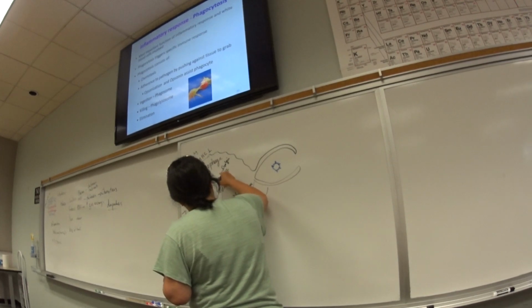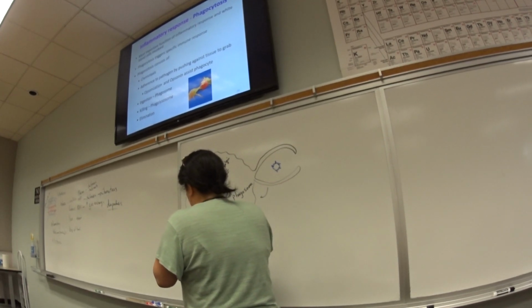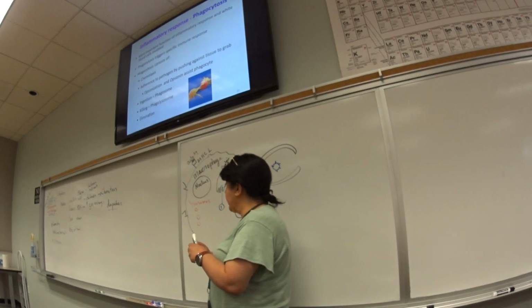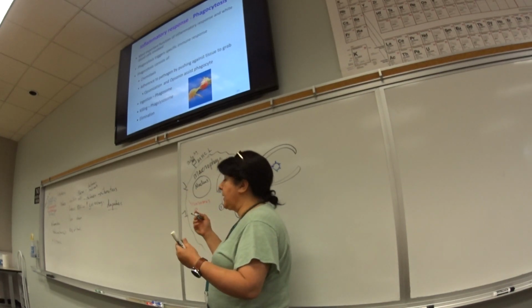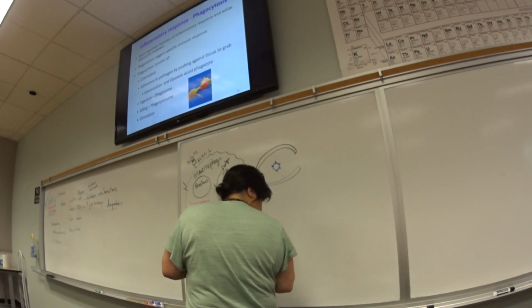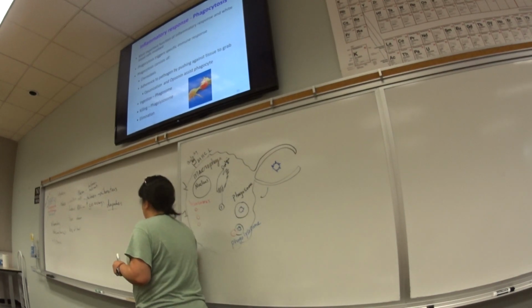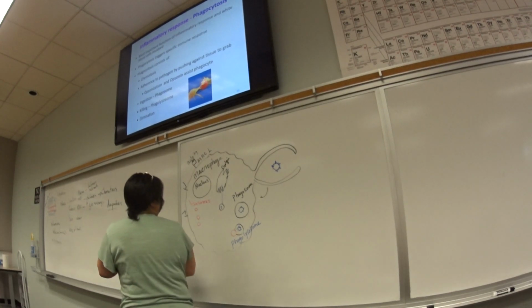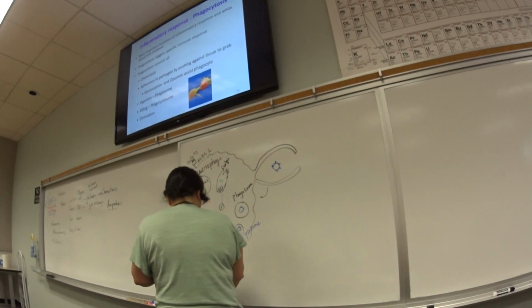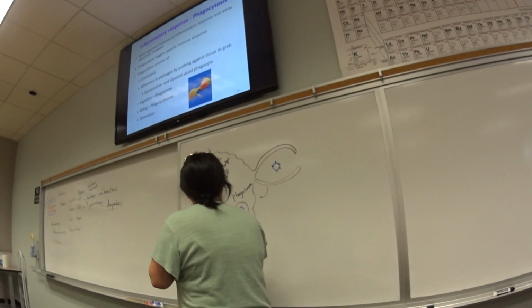They're going to send that here. Your Golgi complex will recognize that this is a foreign antigen. It's going to attach it to MHC2 and send it to the surface.